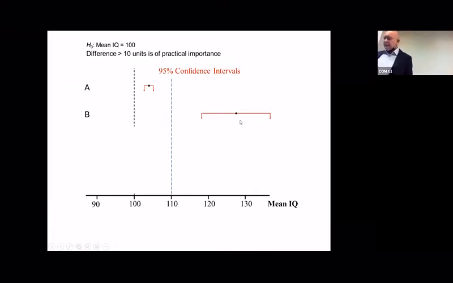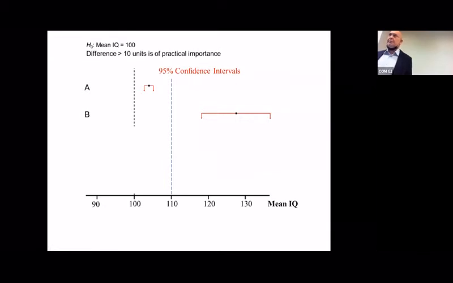Okay, so B, this is nice. We've got a very large mean up here, 128 or something. And the confidence interval is quite large, but it is well above both the minimal value that is of practical importance and the null hypothesis. So is this statistically significant?